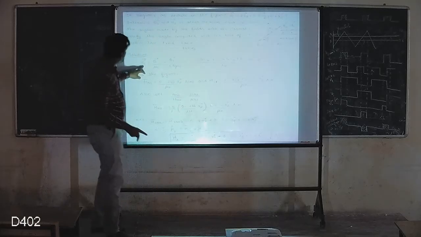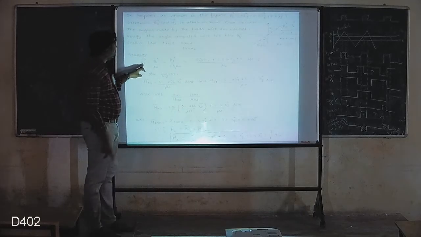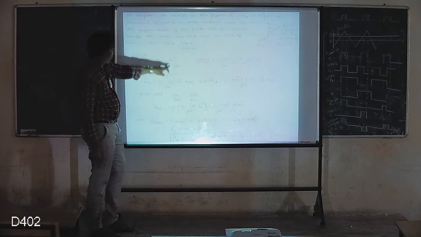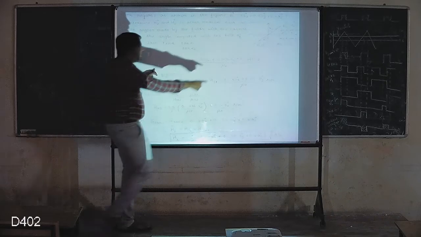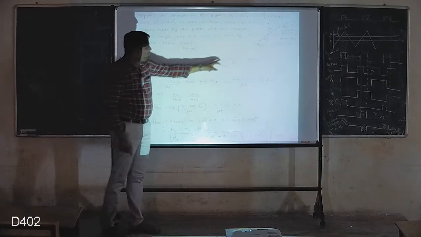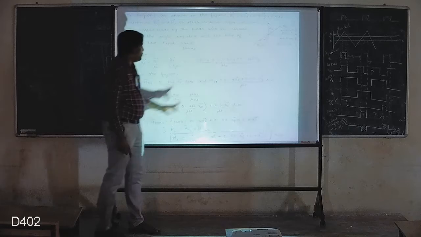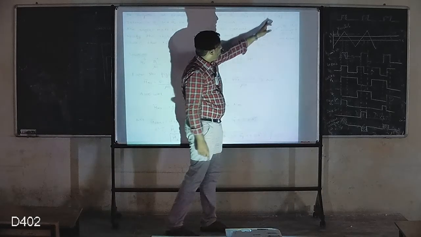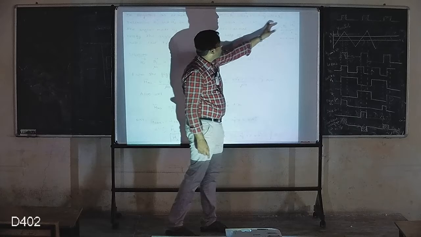So first thing is H1. Here we are finding H1. H1 is equal to B1 by mu1. So B1 is given, divided by mu1. In medium 1 it is 1.5 mu naught. If we substitute this amount by mu naught, from the figure, it is a normal component. The direction of the normal component is z, so this is the z axis.